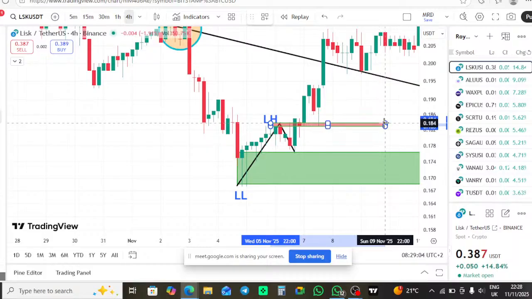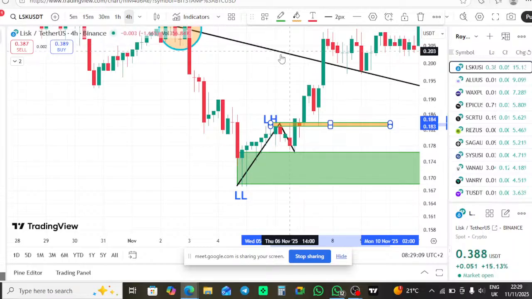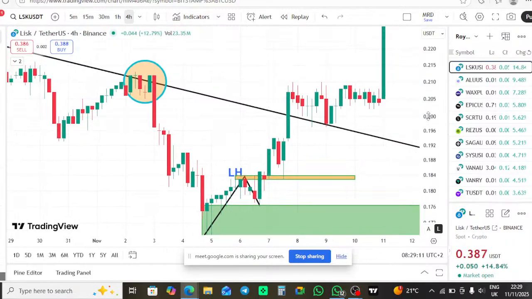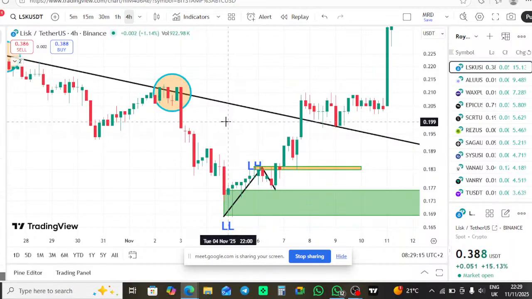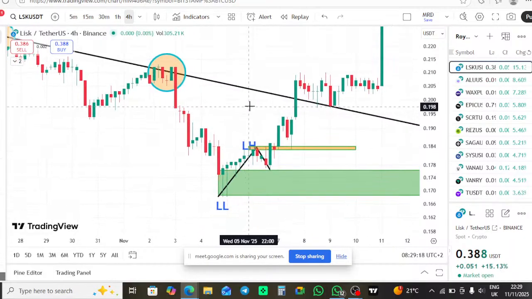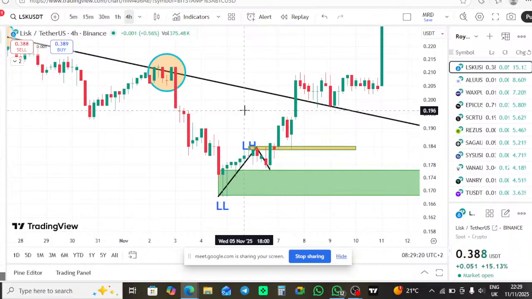If the market closes above it, then you don't need to ask anyone, can I have a trade? No, please. After change of character, you don't need to ask anyone, can I enter this?